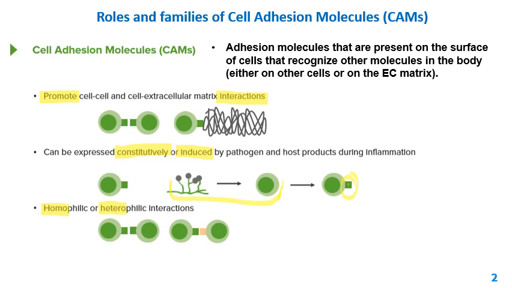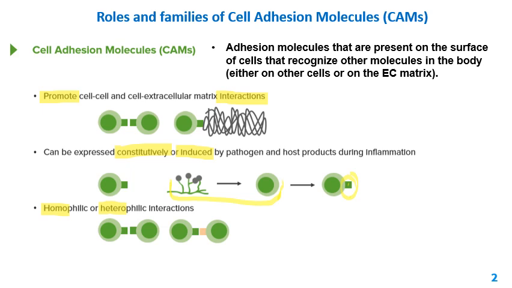Now, what kind of interactions do these molecules have with whatever they interact with? Some of these molecules can interact in a way that they recognize the same type of molecule. Those are homophilic interactions. But some other ones are going to interact with things that are totally different from them. Those are heterophilic interactions.